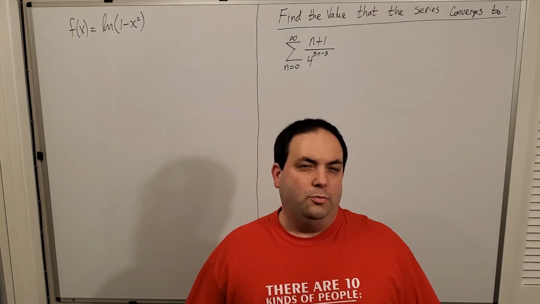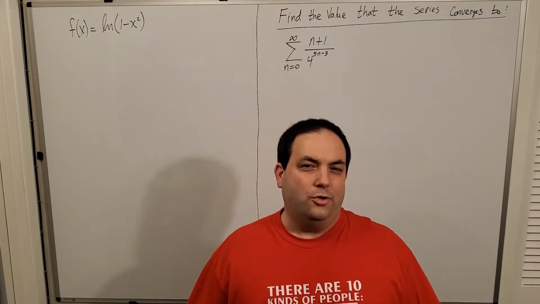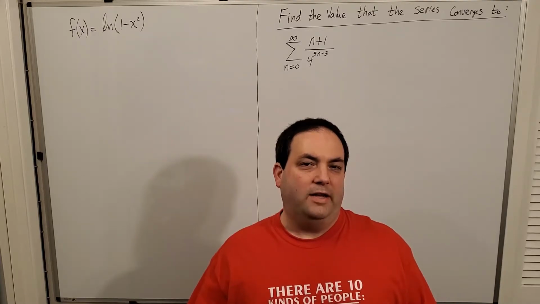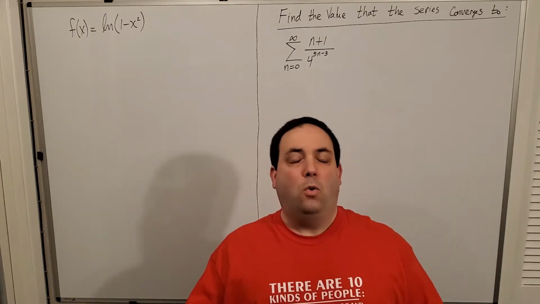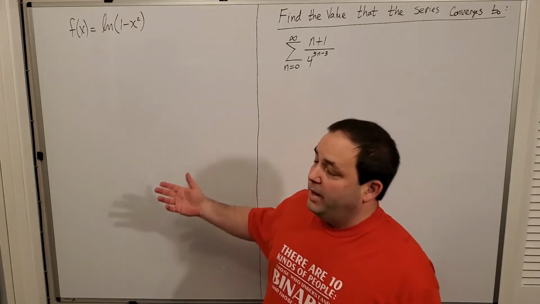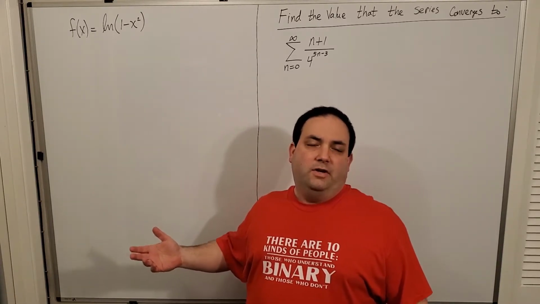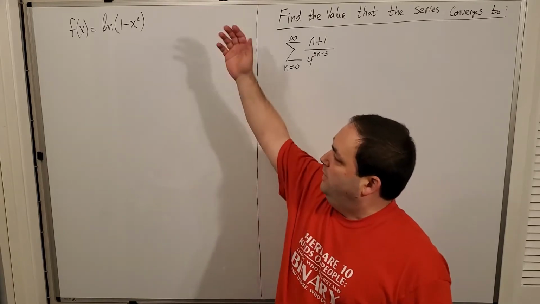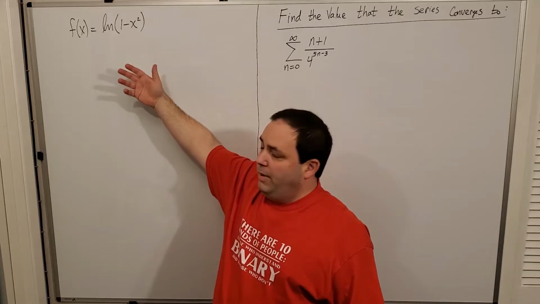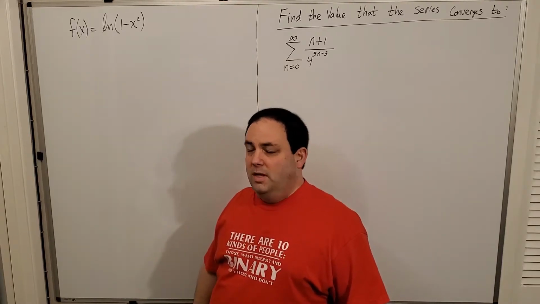Let's sneak in two more examples where I can use the calculus of power series to my advantage to help me create or find or calculate something. First, let's talk about finding a power series of a complicated function. We have already seen how to do a power series with a logarithm.